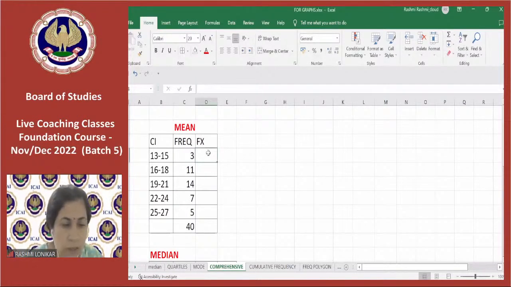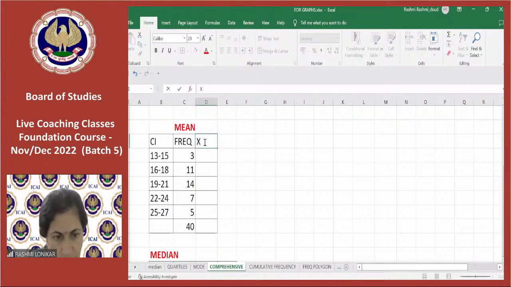Now what will be here? How do I find the mean? Class interval is given, frequency is given. First, I will need to find the mean and then I will be able to do this. So, I first need to find x. X is the midpoint.